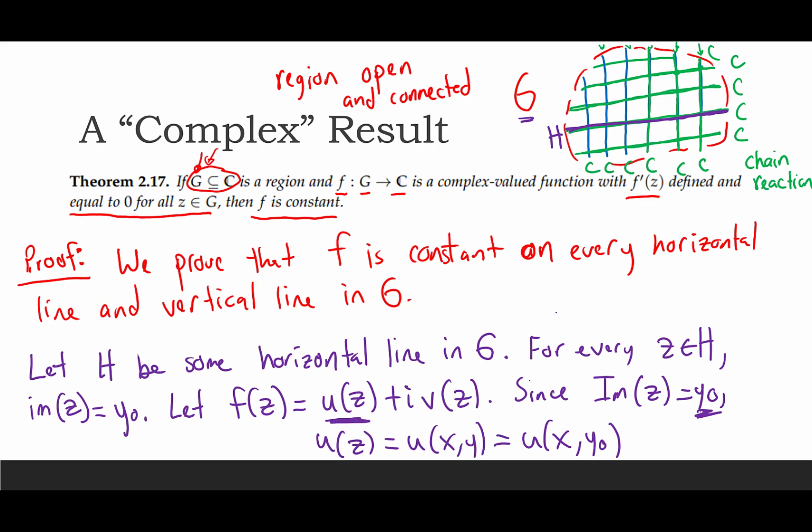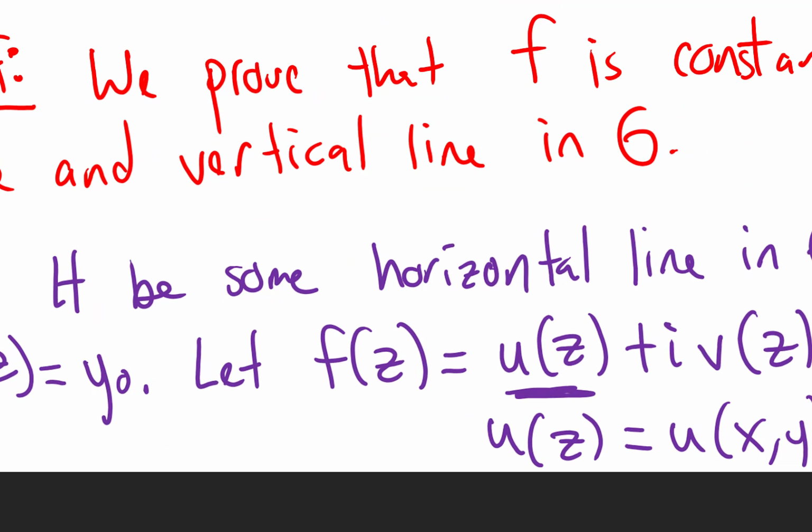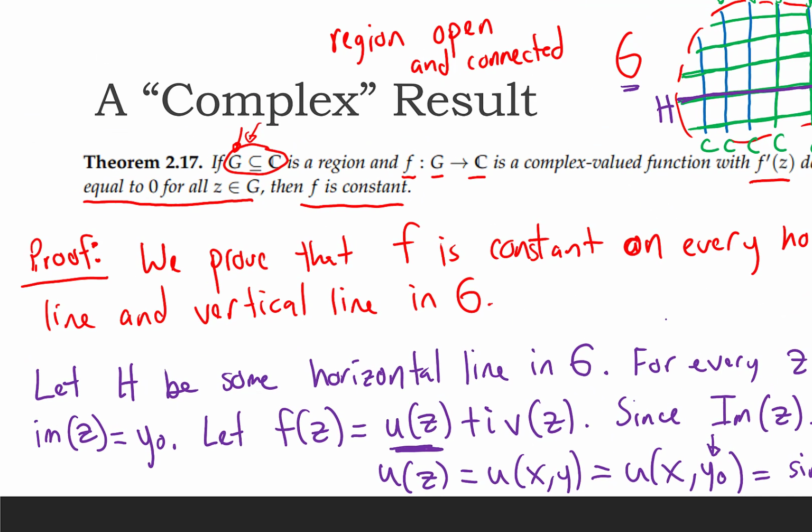Since the y naught there is always constant, the second coordinate is basically always constant as well. And so we can think about this as a single variable function of x. Let me give you an example really quick, just to bring that home.